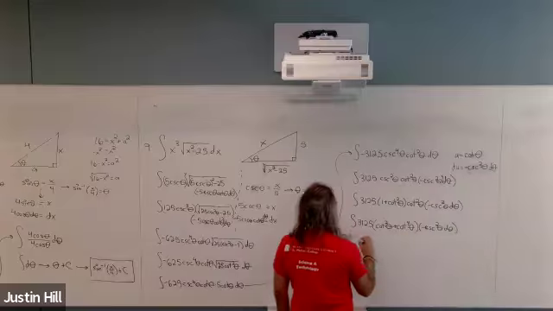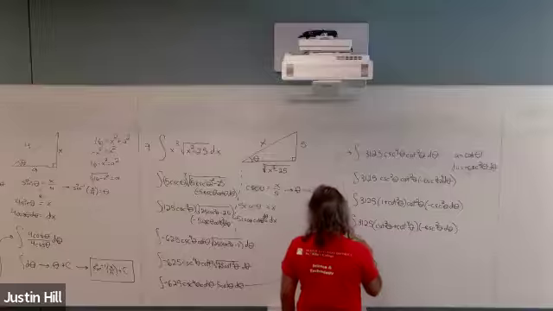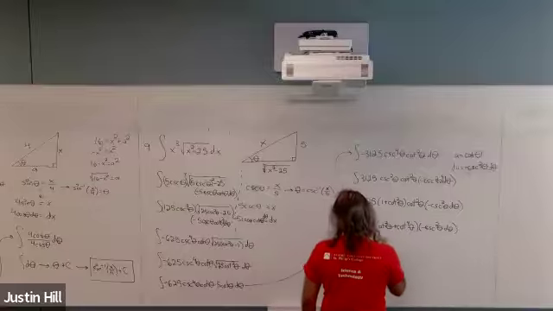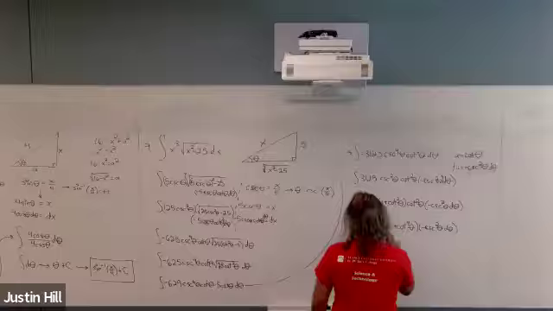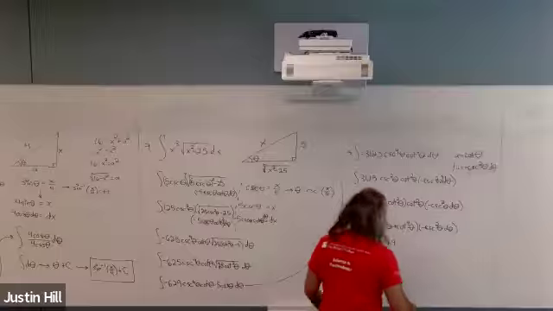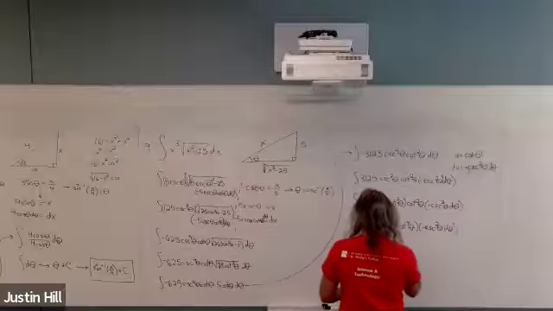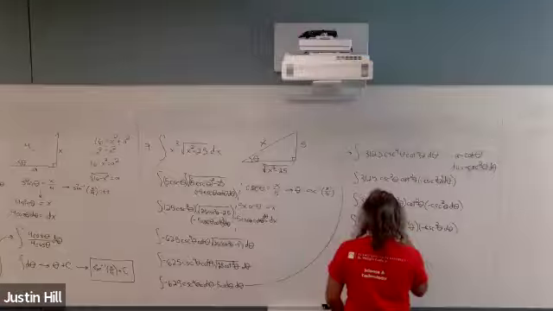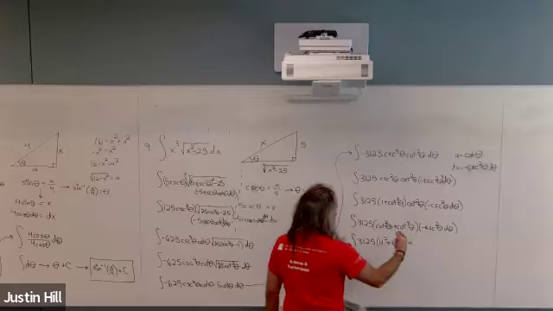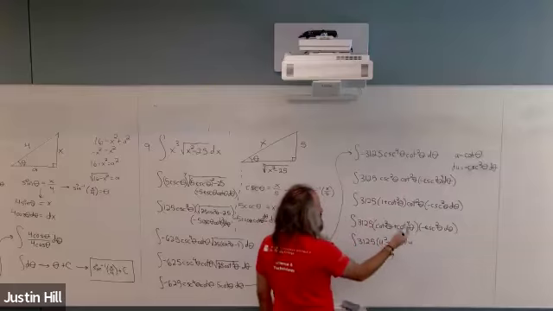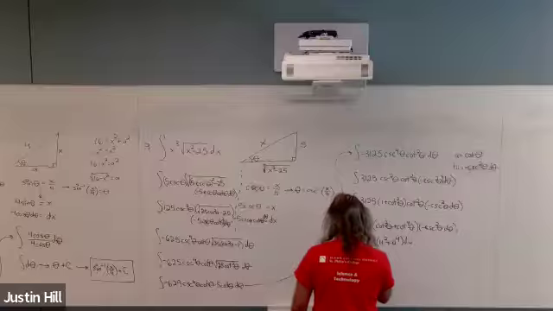And then you replace things with u's. This is u squared plus u to the 4th du. And then you integrate this, and then I'll replace my u's with cotangent thetas on the next step.